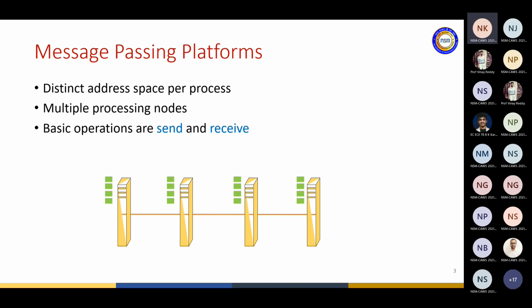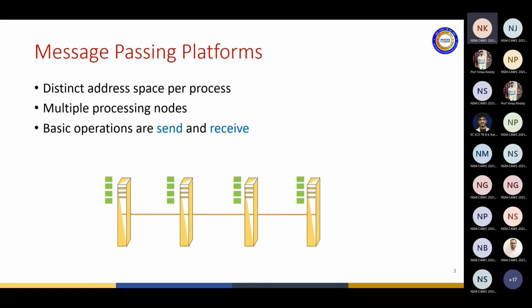Here you have multiple processing nodes, and of course there is no shared address space, because the memory is local to each node. Each node has its own memory, so you need some kind of send and receive operations, some message exchange, through which you can exchange data. We'll talk about both these paradigms a little in the next lecture.